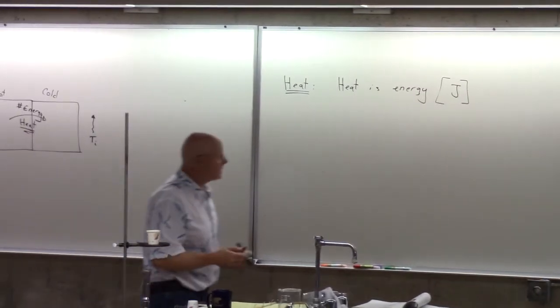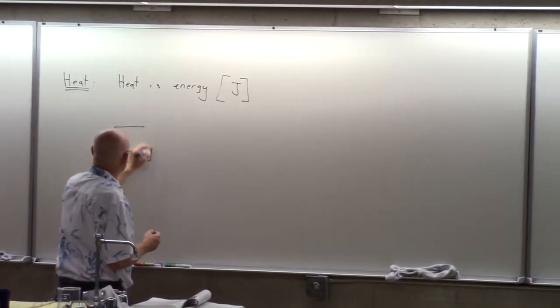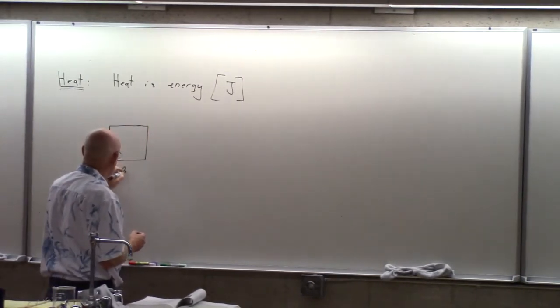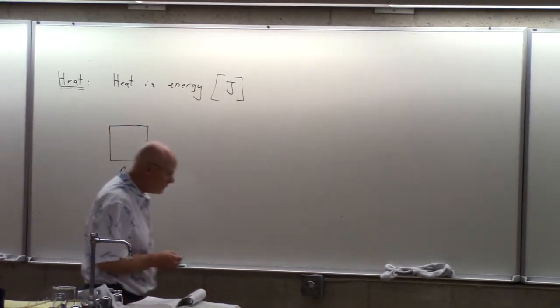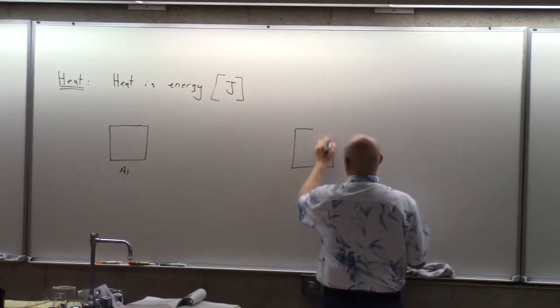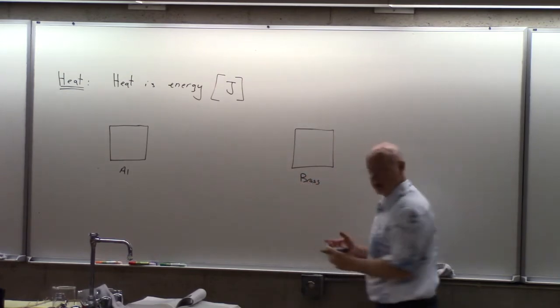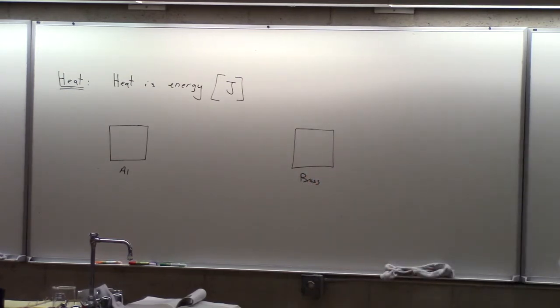But what it does lead to is this idea: if you took some material, let's say aluminum, and a different material, let's say brass, and I'll pick on those two because that's what I have right here.